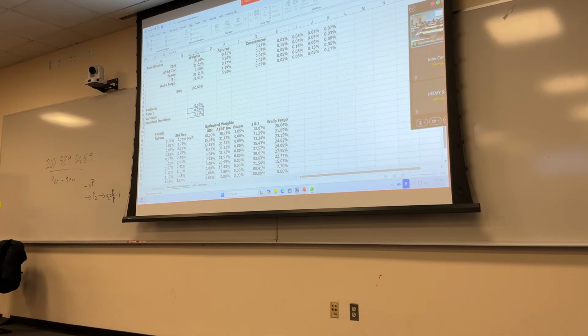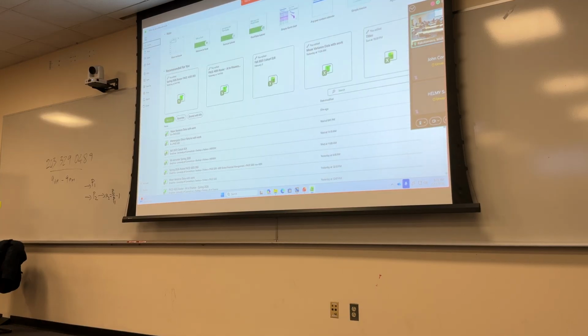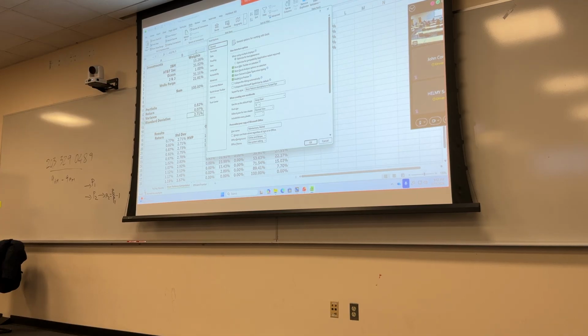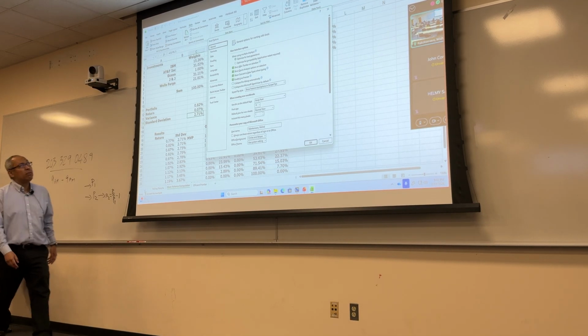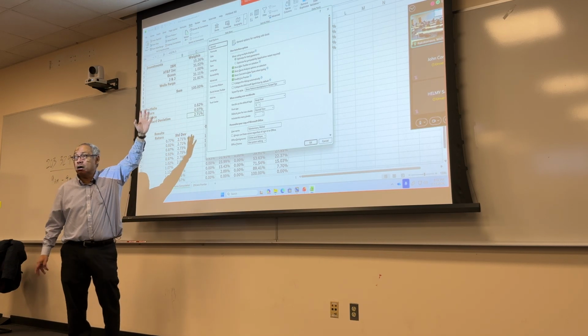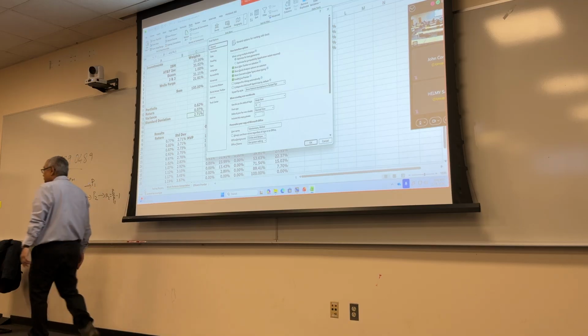But basically the idea is if you don't have it, you want to go on File, right? So I clicked on File, then scroll down to Options, right? And now you have this pop-up menu, right? And the title of the menu is Excel Options, right?